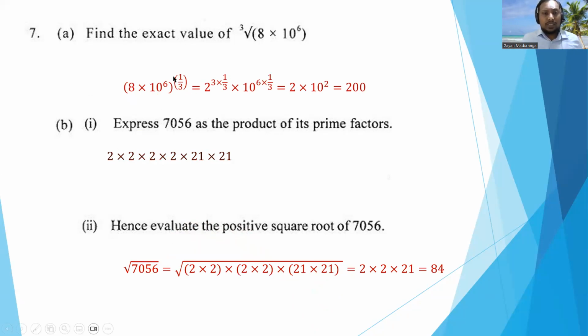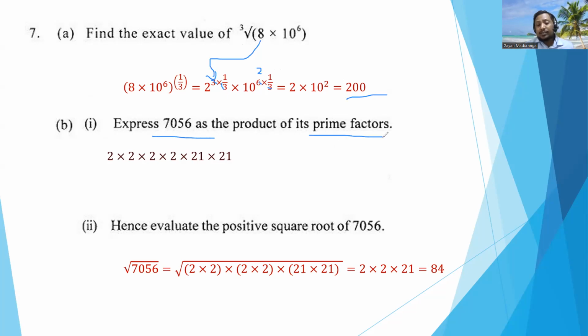It's 8 times 10 to the power 6, all to the power 1/3. And 8 can be converted into 2 to the power 3, right? Cube root means power 1/3. So you can see the 3s cancel. And here 3 times 2. So 2 times 10 to the power 2. It's 200. I don't think that is difficult.